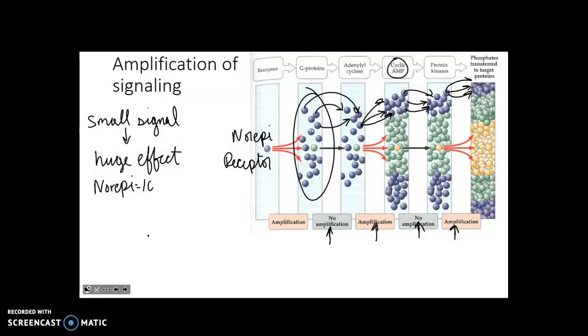So thousands of second messengers, and these second messengers go on to activate a total of, like we're talking tens of thousands of kinases. Okay, so there's an amplification step here.